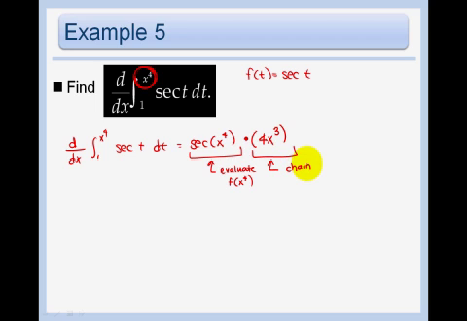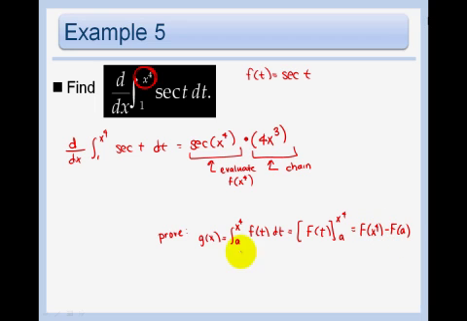So again, I can prove this to you. Let's go back and use the same example. So let's just go from a to x to the 4th now. And just like we did before, the antiderivative of little f is big F. Evaluate it from a to x to the 4th. And I would just get big F of x to the 4th minus big F of a, and then the derivative is just going to be the derivative of this guy.